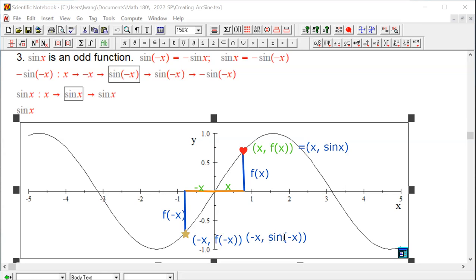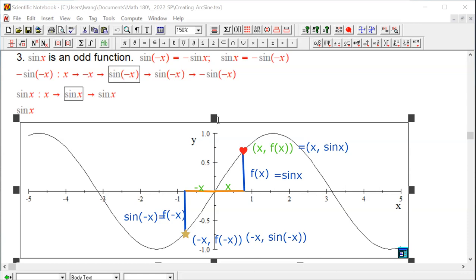Here, this is just sine. And this f of negative x is really just sine of negative x, and this one is just sine of x. That's the notation.